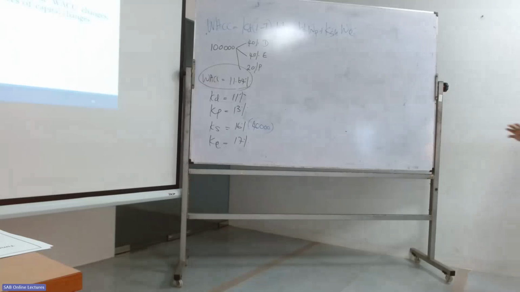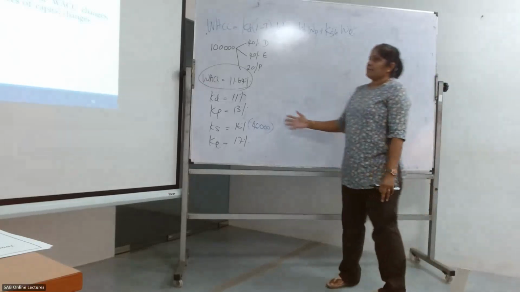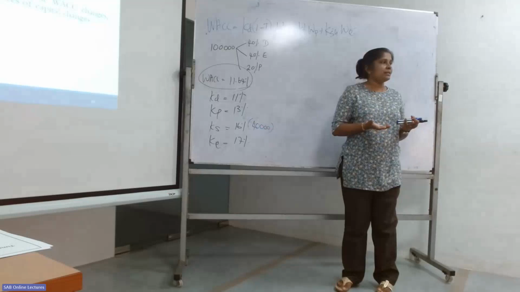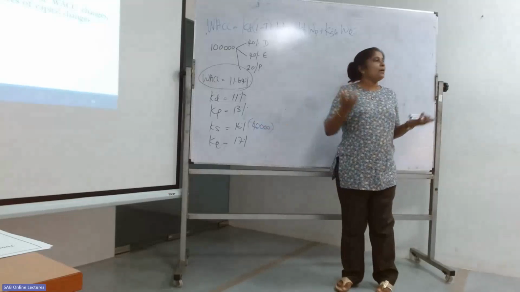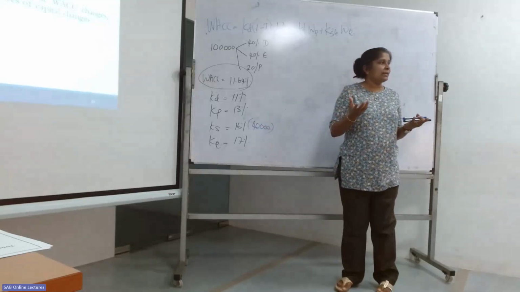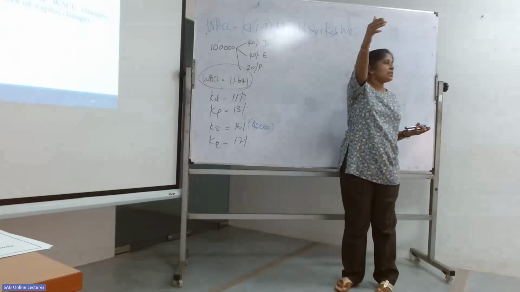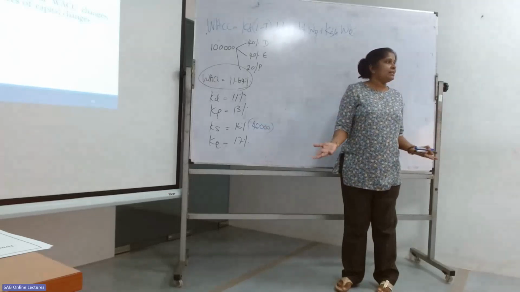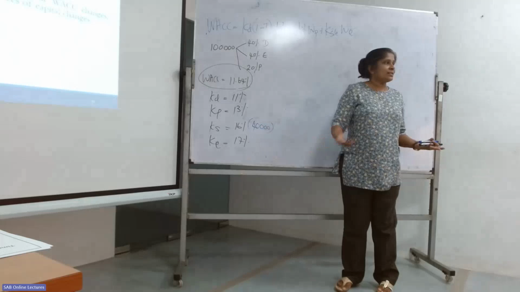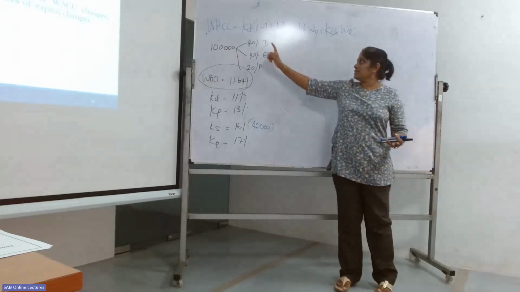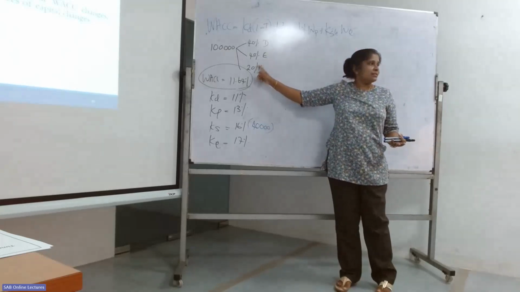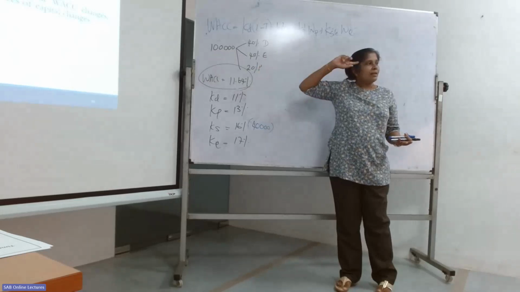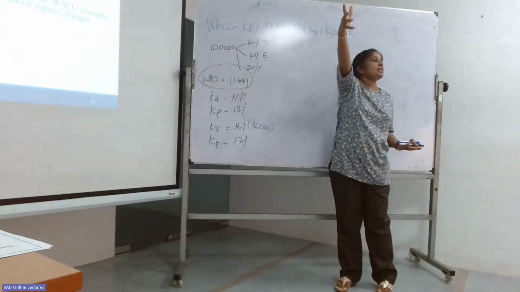Suppose when the company is increasing their total capital, at a particular point this company has to issue new shares because this 40,000 is over. Internal equity is over. So in order to maintain this 40% equity portion in their capital structure, the company has to issue new shares.